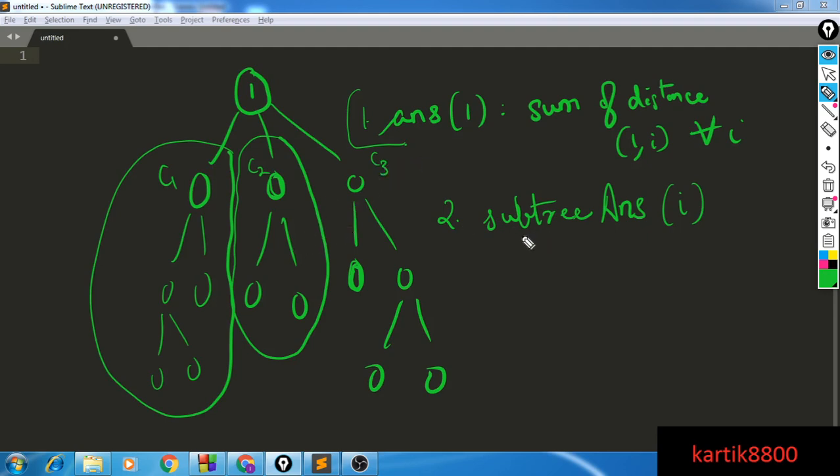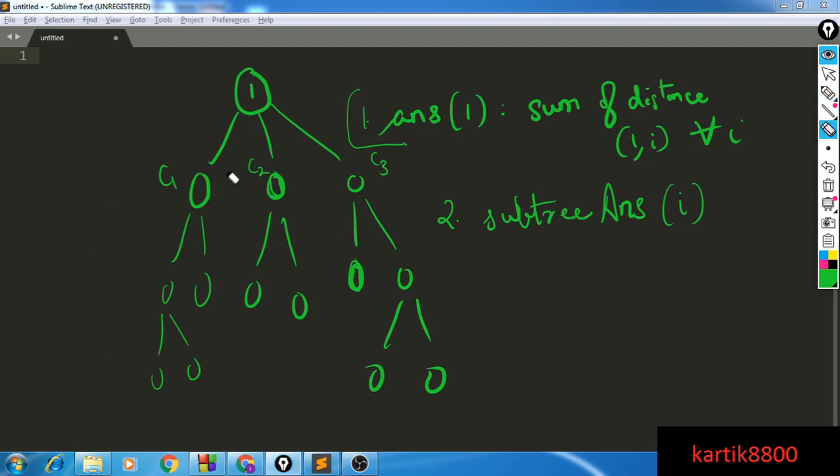Let's assume that I define this and I will try to use it to evaluate answer 1. First of all, let's just focus on evaluating subtree answers only, because the subtree answer of 1 is going to be the answer of 1, given that the subtree answer of 1 means you are evaluating the answer of 1 assuming that this is the entire tree, and answer 1 actually means the same thing.